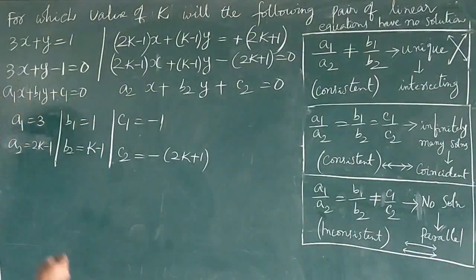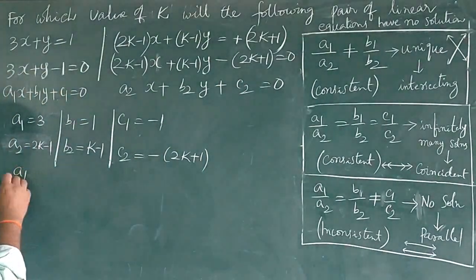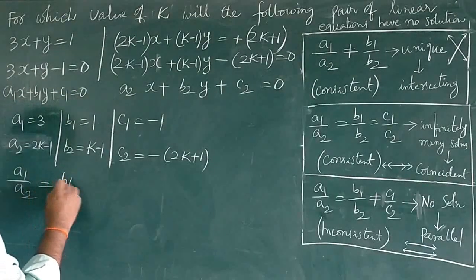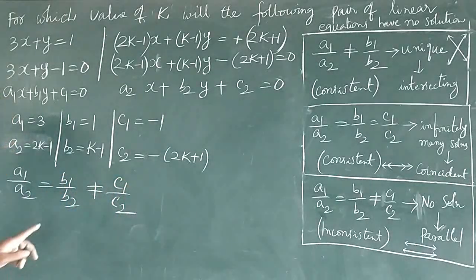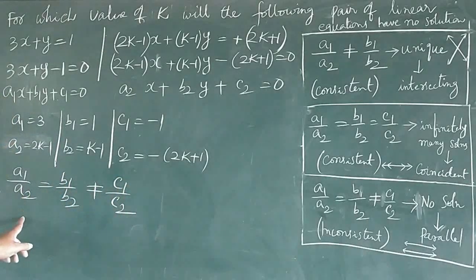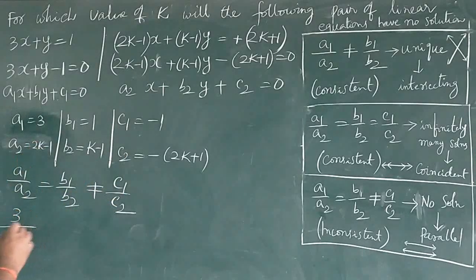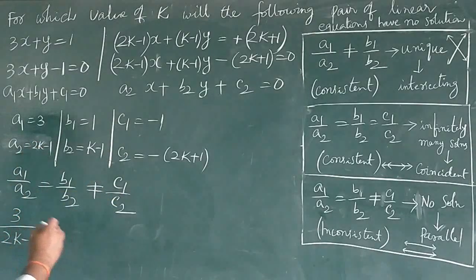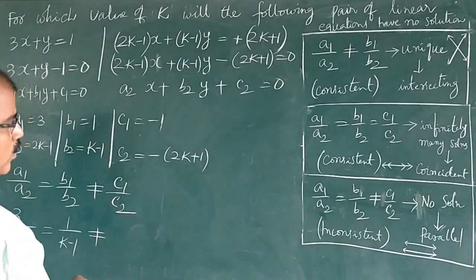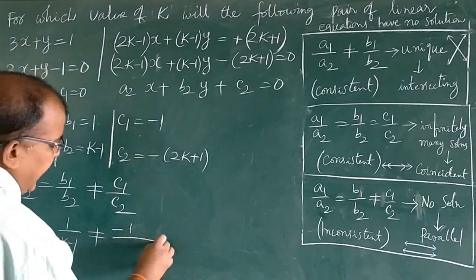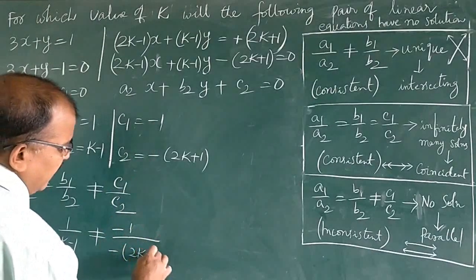Now compare: a1/a2 = b1/b2 ≠ c1/c2. Now, what is the condition? 3/(2k - 1) = 1/(k - 1) ≠ -1/(-2k - 1).